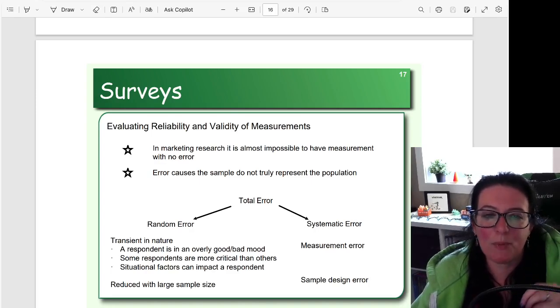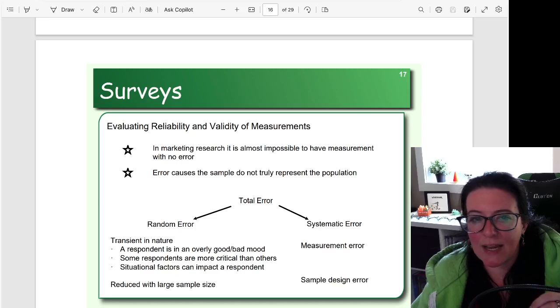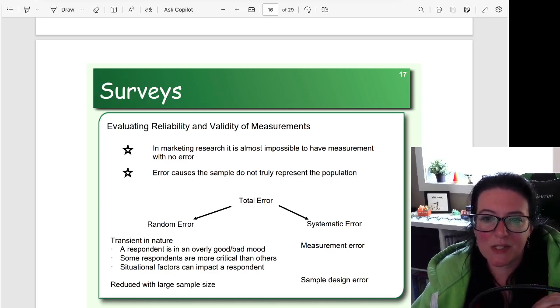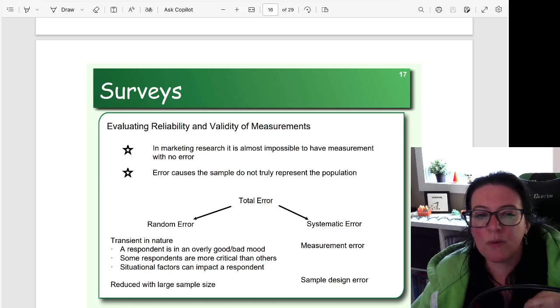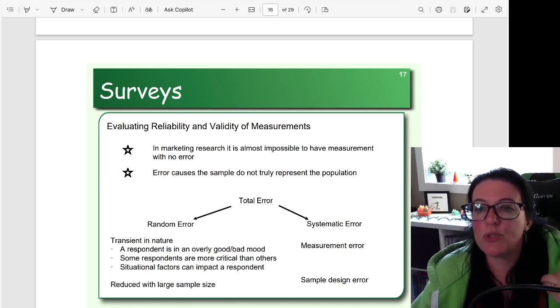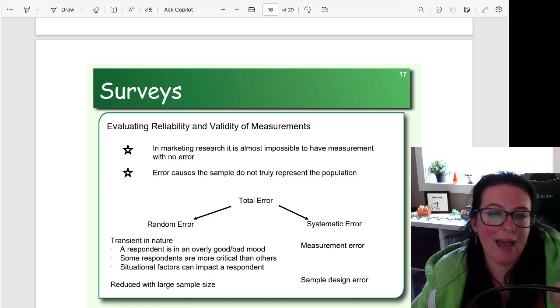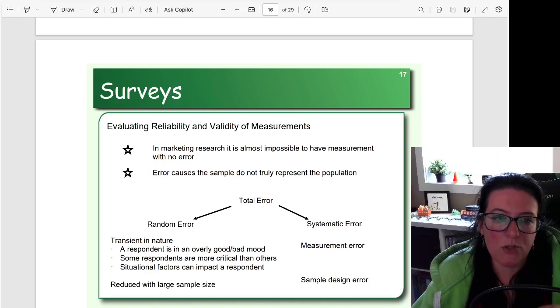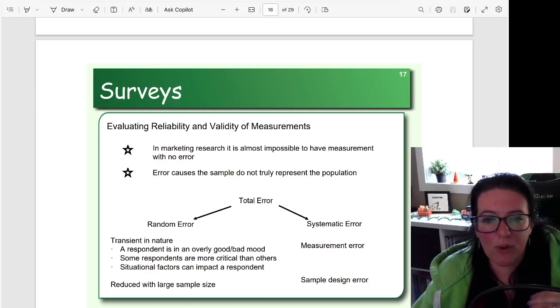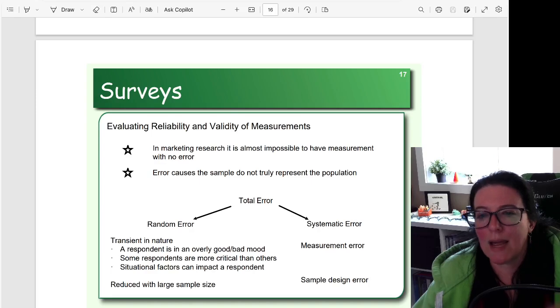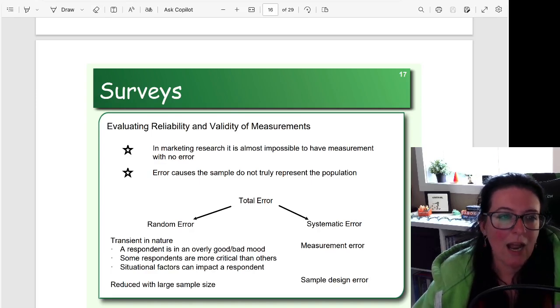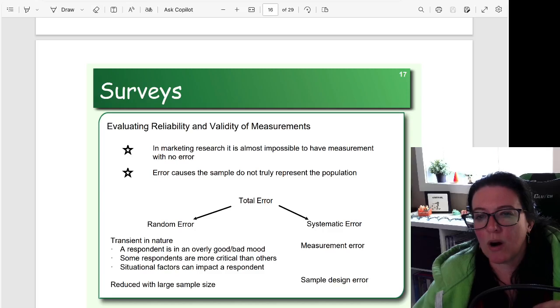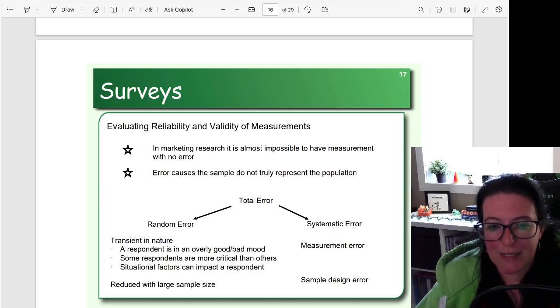And then we have sample design error. Sample design error is a type of systematic error that results from errors in how we choose our sample. So the sampling procedure. Since we've already talked a bit about measurement error, let's focus here on our sample design error first, and then we'll go into more examples of measurement error.